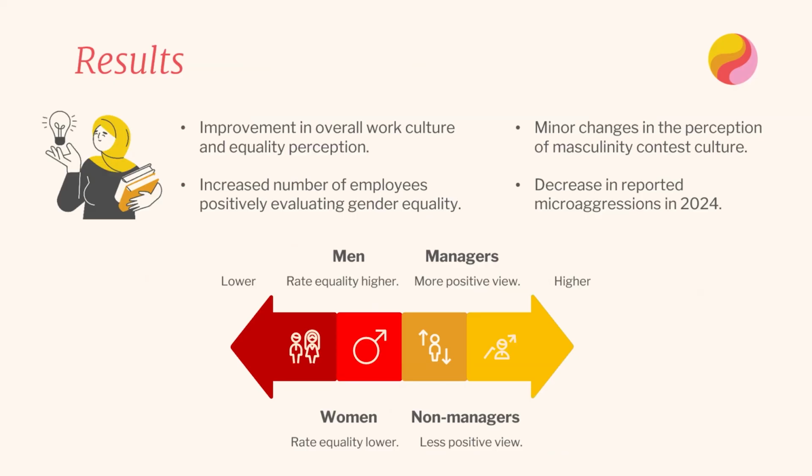In 2024, more respondents reported a favorable perception, and it might reflect some recognition of the institute's efforts to promote equality. At the same time, our studies showed that despite the introduction of equality-focused initiatives, employees' views on the dominance of male norms in the workplace remained largely unchanged.